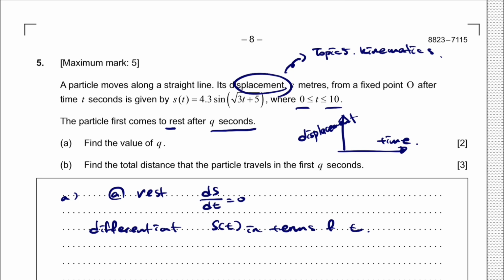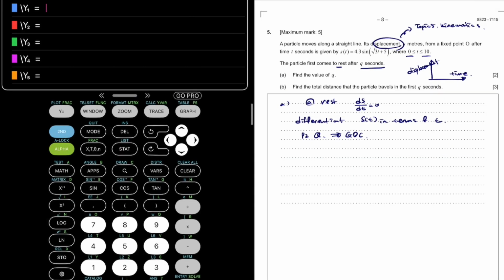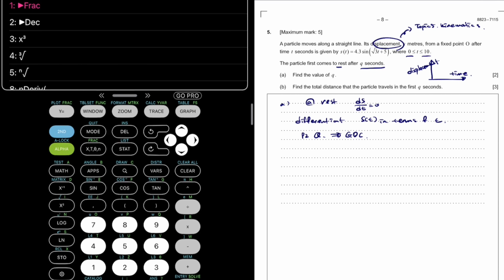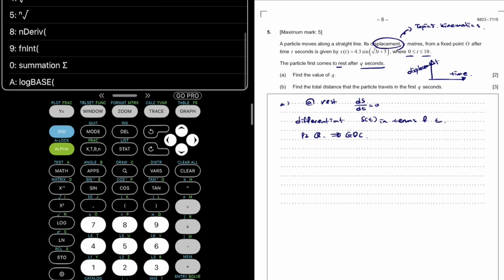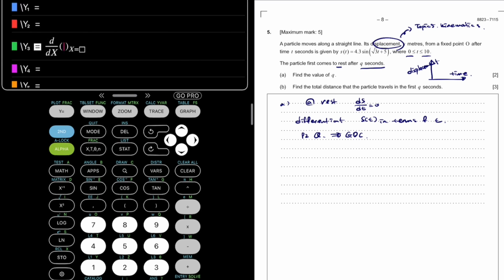Since this is a paper 2 question, we can use the GDC. Here I have my GDC opened up, and I'm going to substitute this function into the differentiation. We go to Mathematics first, and you identify the nDeriv, which is the 8.